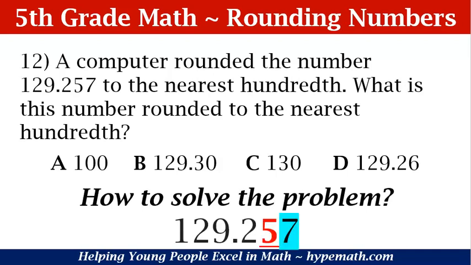We're going to use the same method we did with the previous problem and also our examples. We are highlighting what number is in the hundredth place. That is our rounding digit, and we see that that is a 5. We are going to look immediately to the right of the 5, and that's highlighted. It is the 7. We have to remember the rule. With the 7, does the 5 stay the same or does it round up?